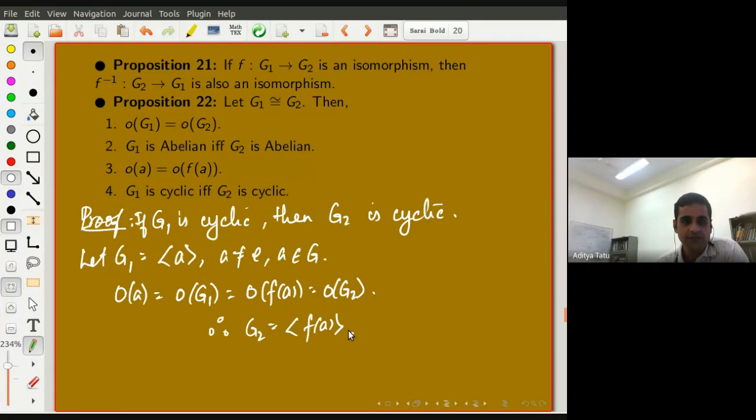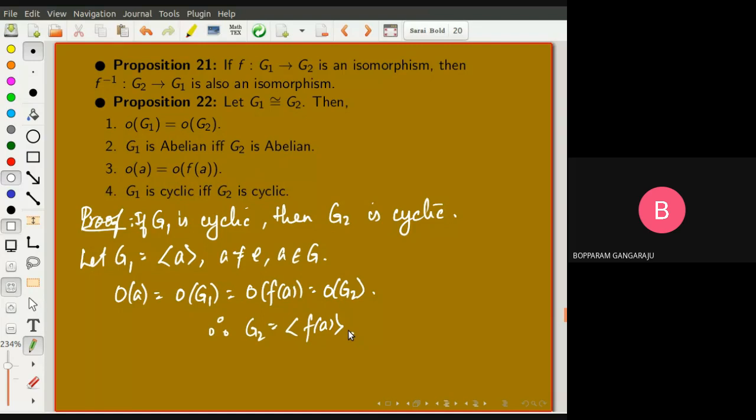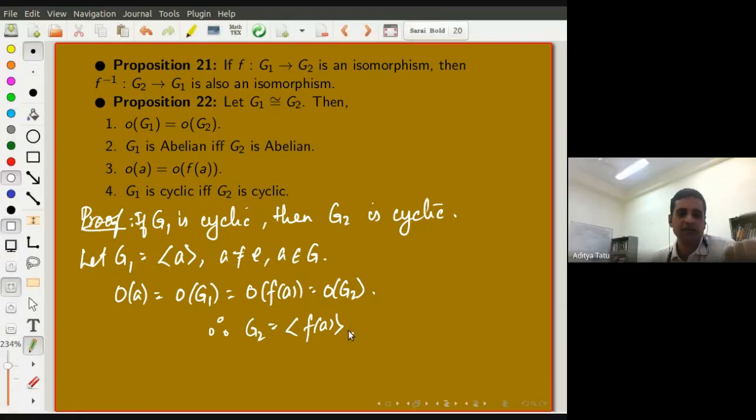Is it clear to everyone? Yes, sir. So G2 will be generated by F of A, G2 has to be cyclic. Okay, so in fact, in this proof, what we have shown is something more than what the statement demands, right?